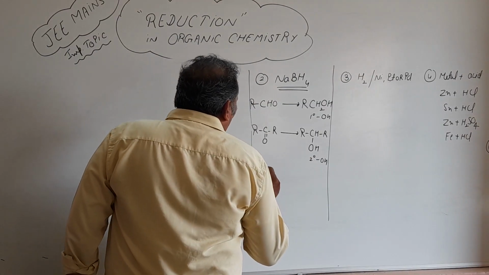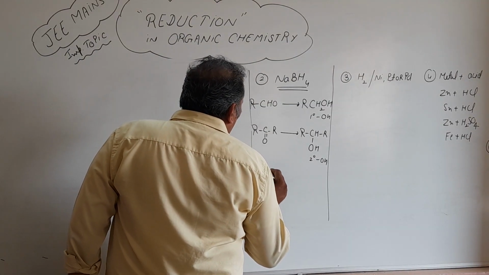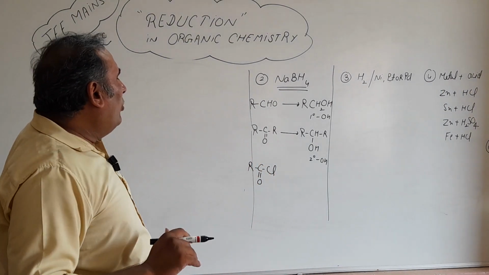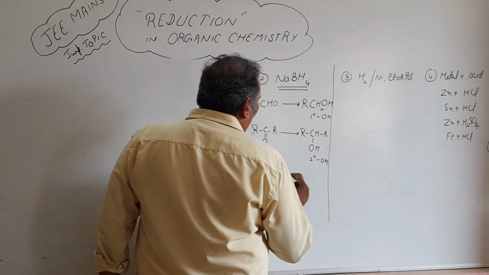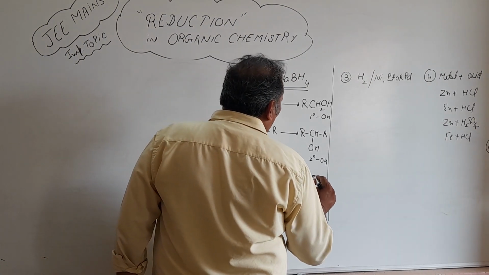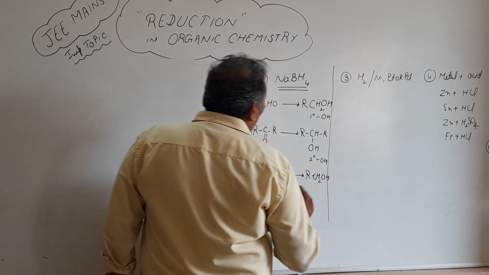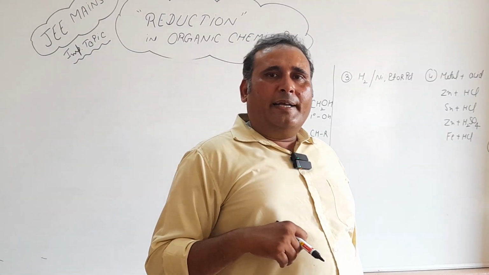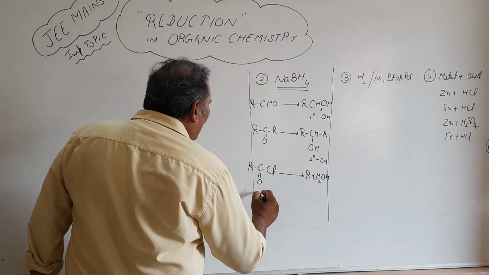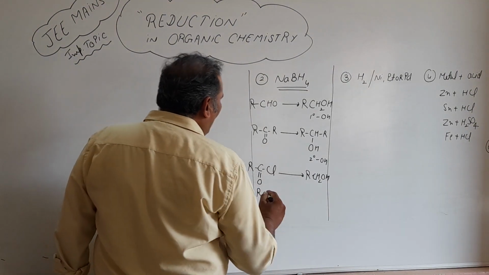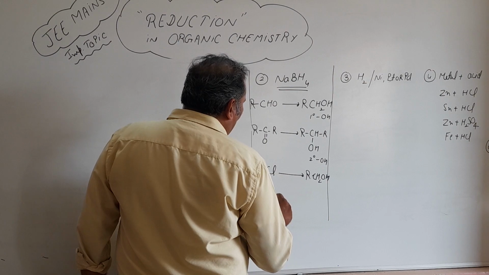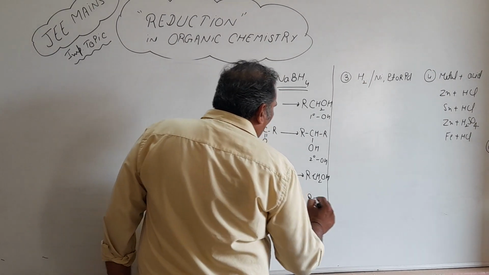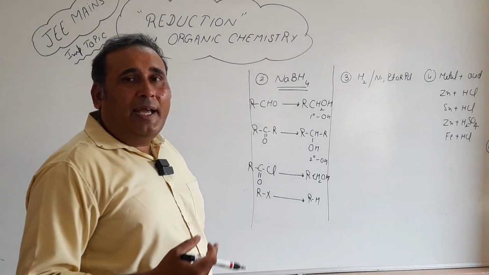Next one is RCOCl, acid halide, or RCOX. Acid halide can also be reduced into an alcoholic group when we treat it with sodium borohydride, as well as RX, alkyl halide, which can be reduced into RH, alkane.